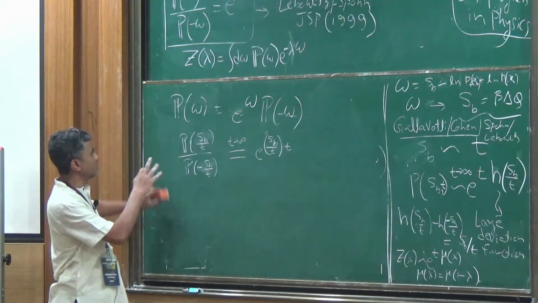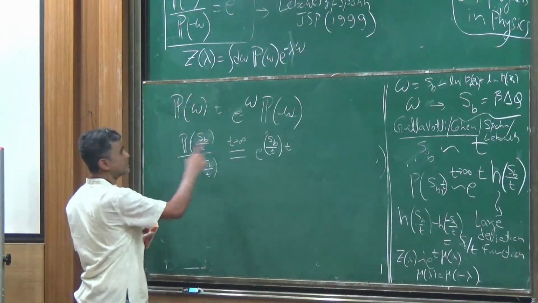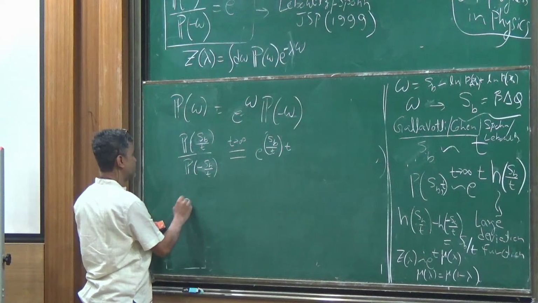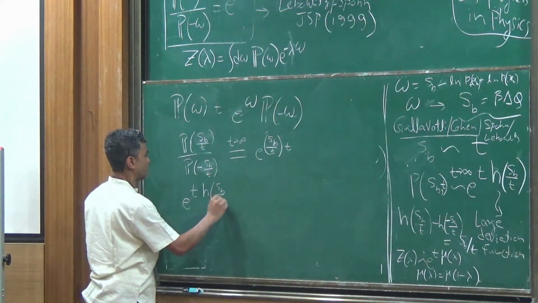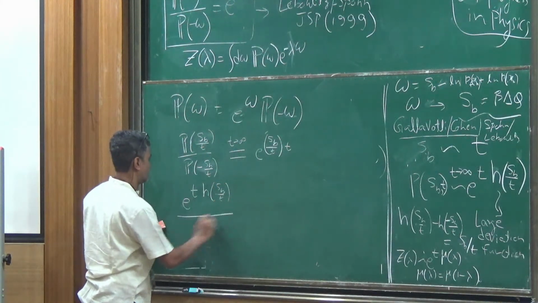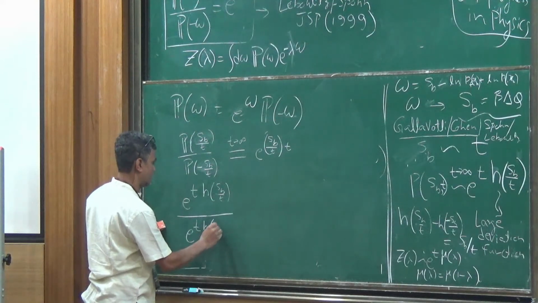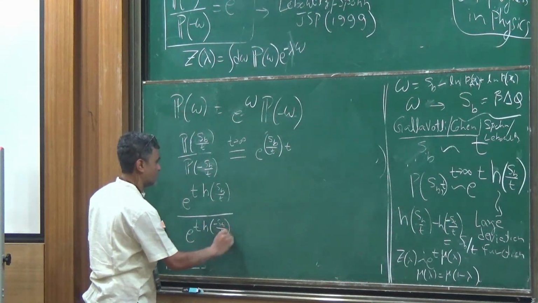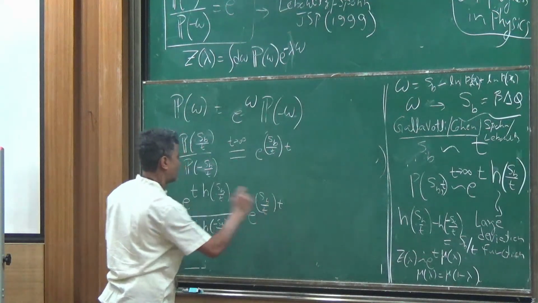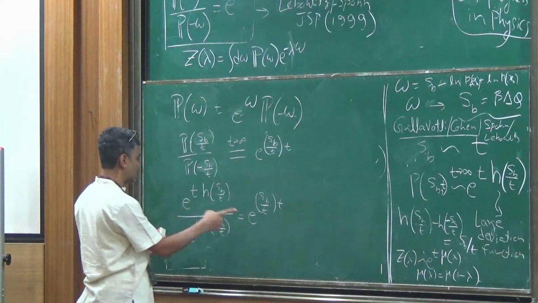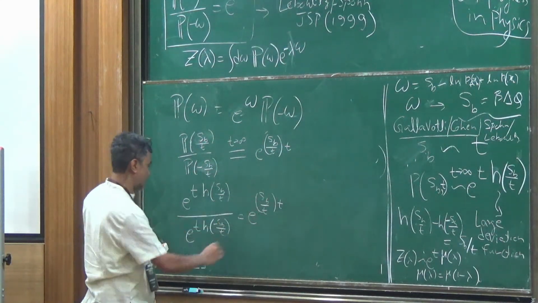It's almost the same statement as this, but this is true at large times. Now I just put it in that form. P is e to the power t times h of... okay, then I just take log and I get basically that.